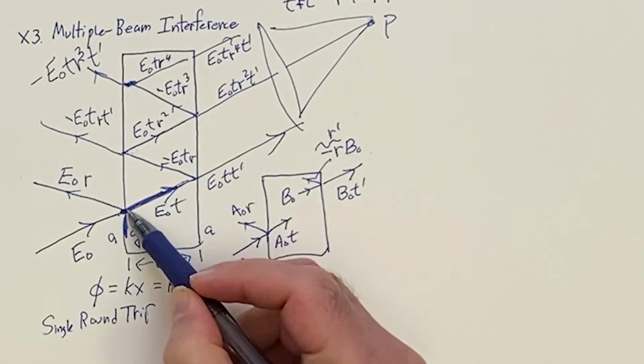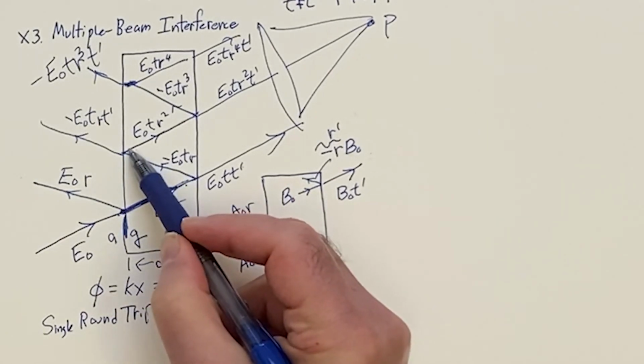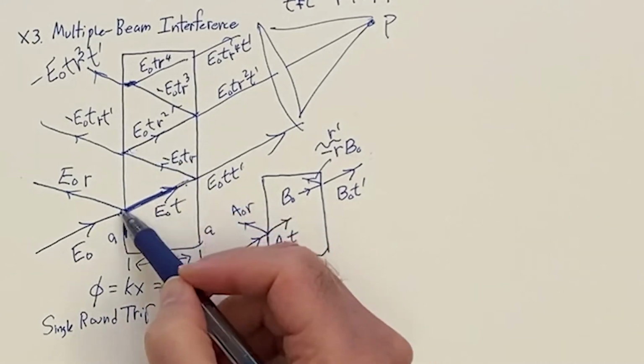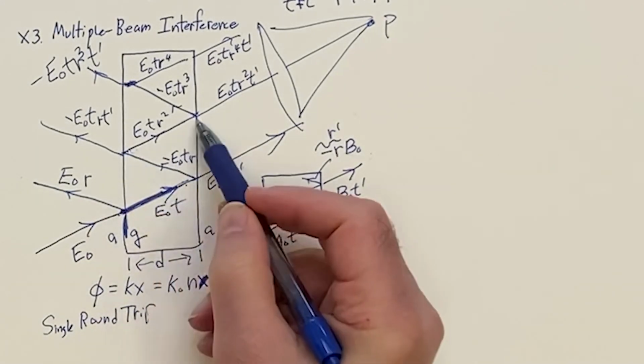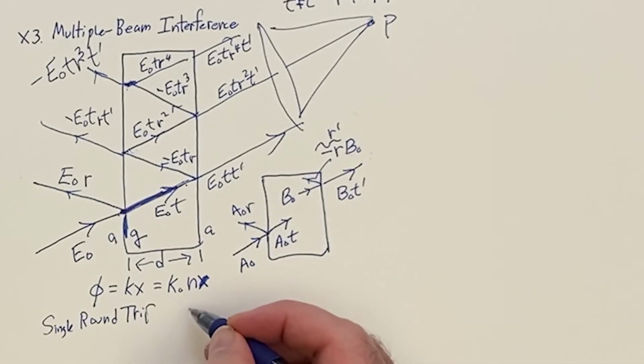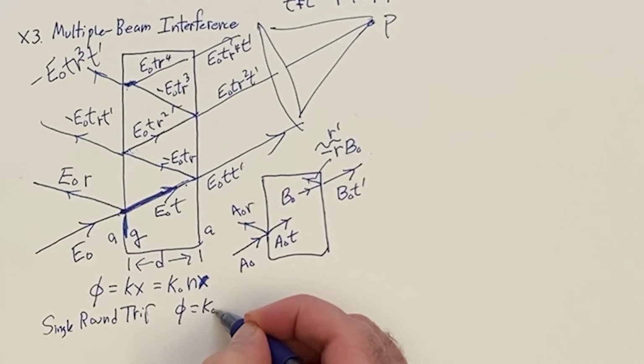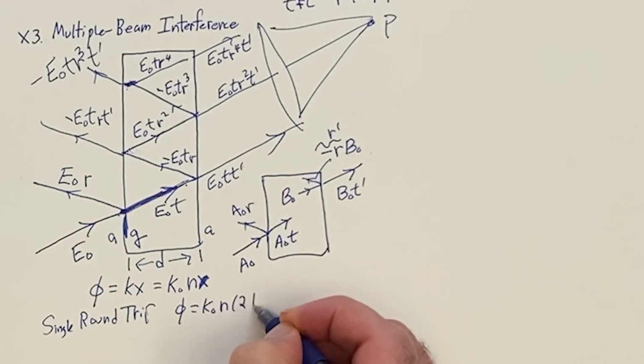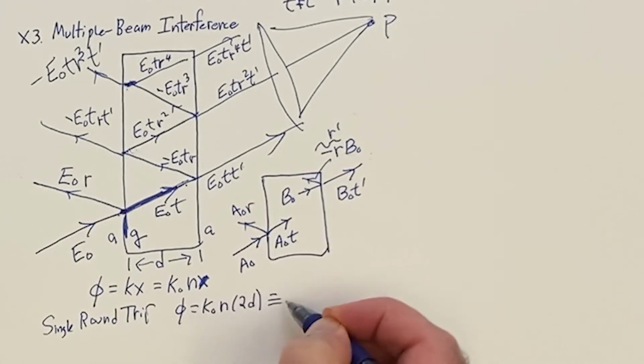So a single round trip from here to there, and then there to there, like that. So if you're doing that, then you're going to have, for the phase, K naught N times 2D. And let's just call that, by definition, delta naught.